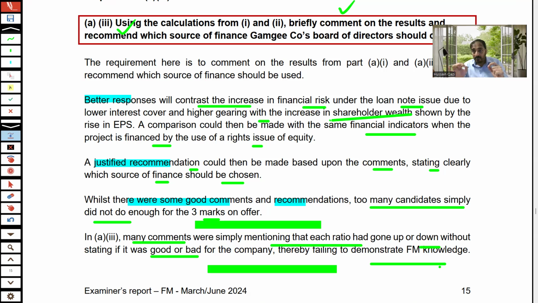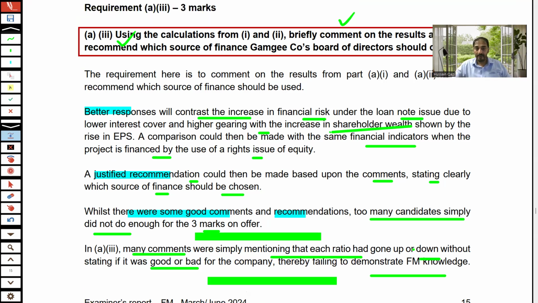Avoid rote learning. First mention the knowledge and then connect with the case. Incorporate some points. Then you will be able to demonstrate yes, it's FM.